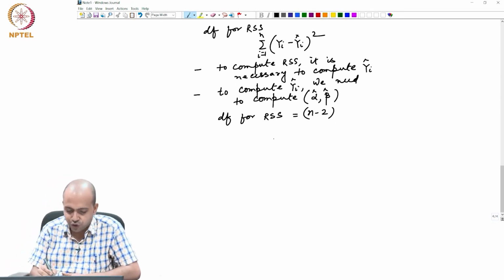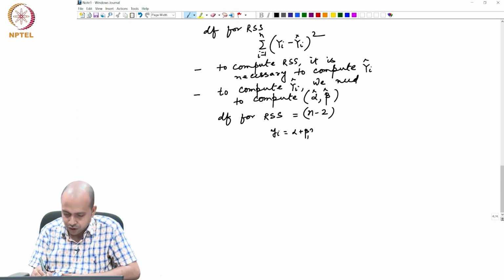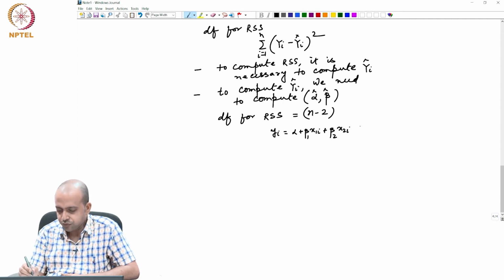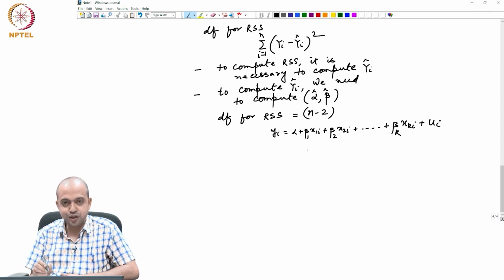For a generalized model, let us say I am doing yi equals alpha plus beta 1 x1i plus beta 2 x2i plus beta k xki plus ui. Here I am trying to estimate actually k number of parameters. Okay.